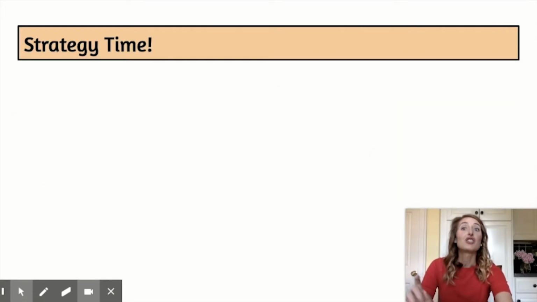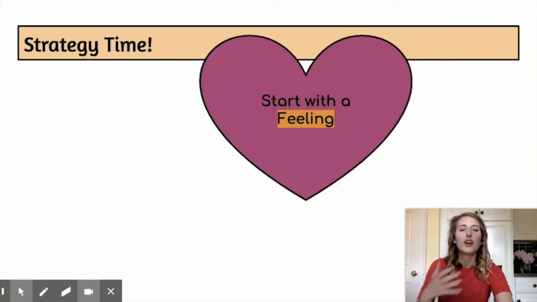Our first strategy for generating ideas for a story is to start with a feeling. I'm going to make a quick chart on my paper. If you only have one piece of paper, make it only about halfway down. Use only half your paper. We have 3 strategies.